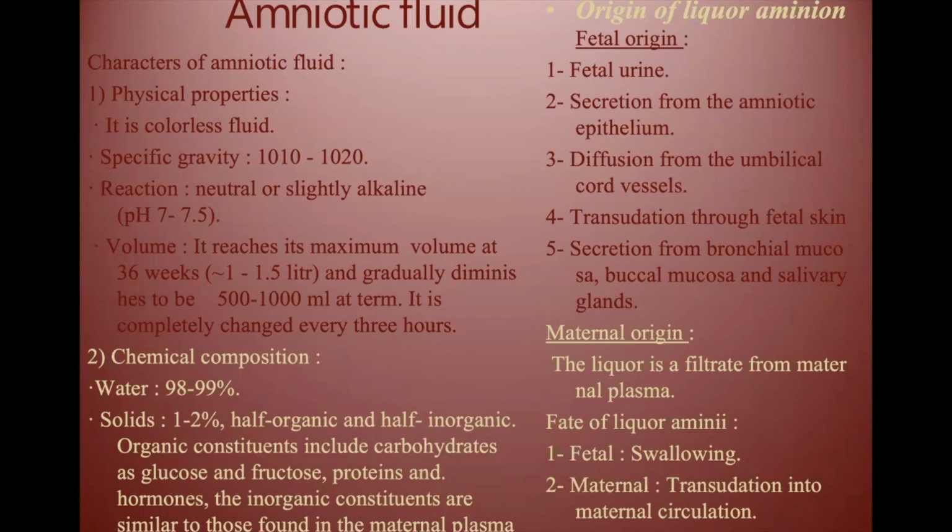Amniotic fluid has several roles during pregnancy. It creates a physical space for fetal movement, which is necessary for normal muscle and skeleton development. It permits fetal swallowing, essential for gastrointestinal tract development, and fetal breathing, necessary for lung development.